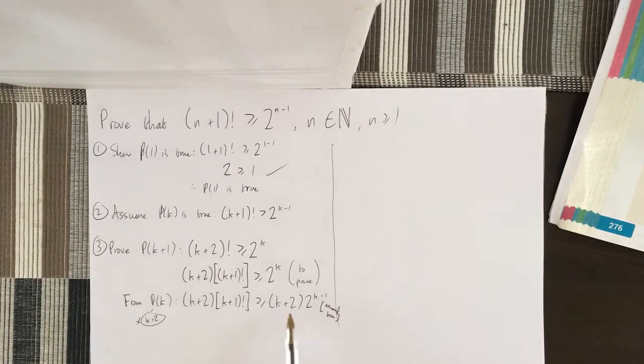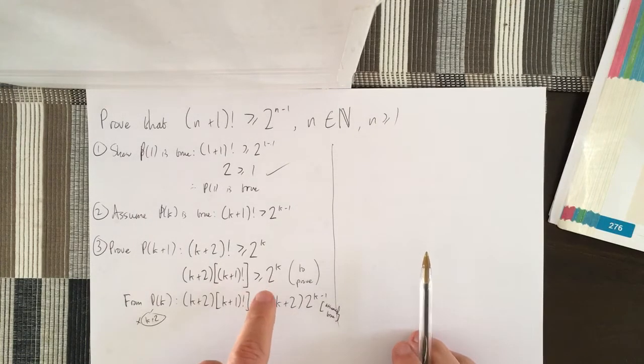So this is true. This is less than this. I'm trying to prove this is less than the same thing. Okay, so this is less than this. So if this is less than this, it must in turn be less than this.